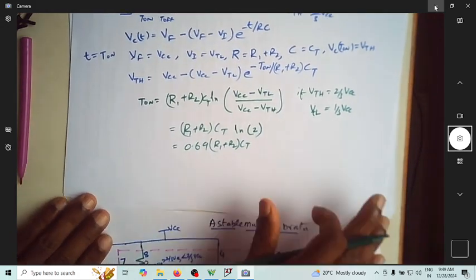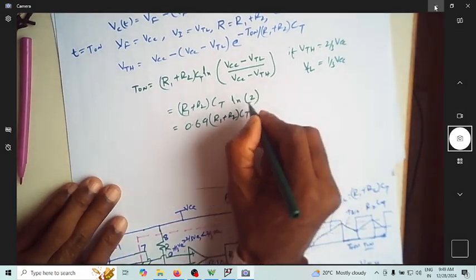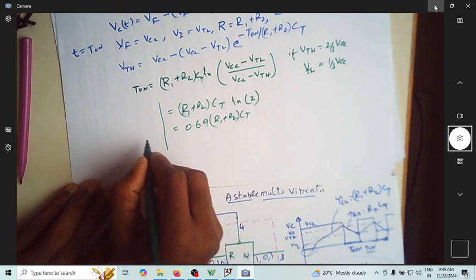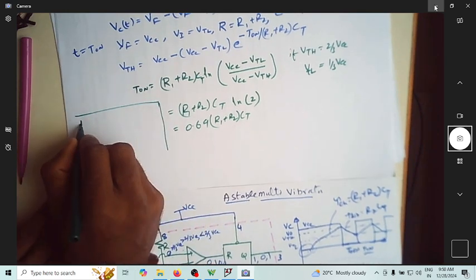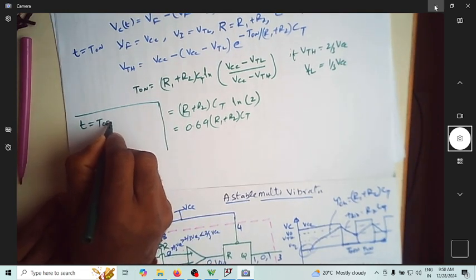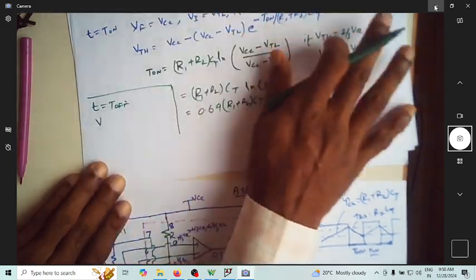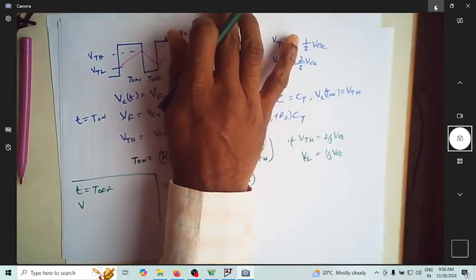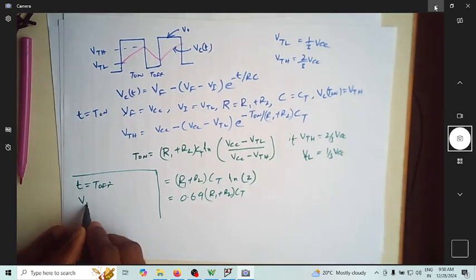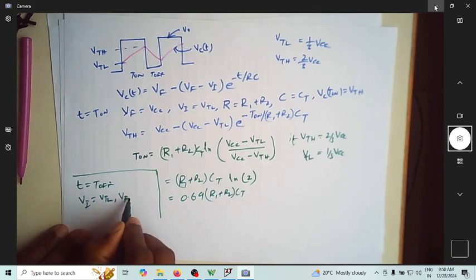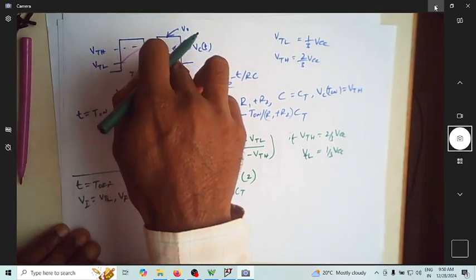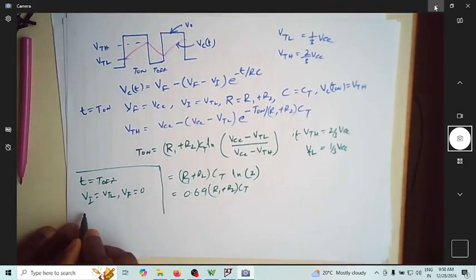Similarly, let us find T off. Suppose you take the timing for T off, this is your T off time, so the initial value is VTL. The final value is 0, because if it is allowed to discharge, it will go down to 0, and the resistor associated with discharge is only R2.